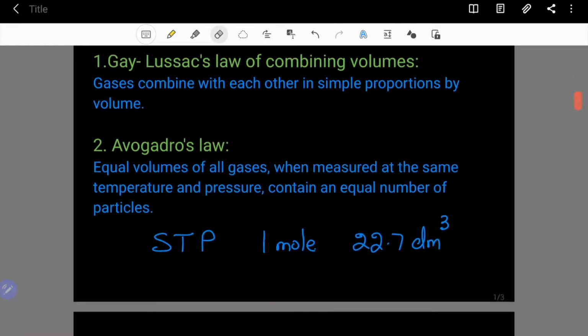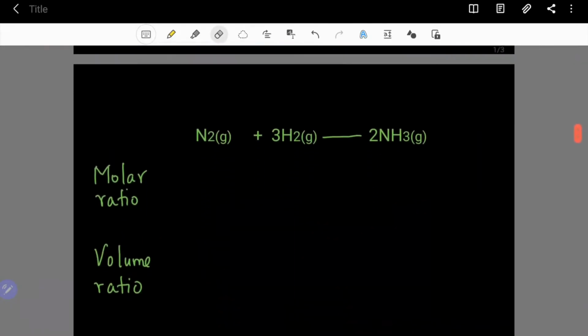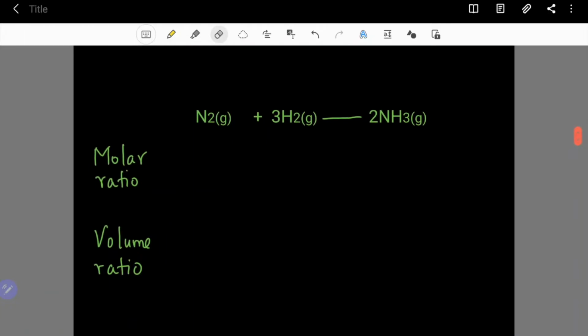Now let us see some examples where we can apply these laws. Here is a chemical reaction in which all the reactants and products are in the gaseous state, and therefore we can apply Gay-Lussac's law of combining volumes. And here you can see in molar ratio it is 1:3:2, but the volume ratio also remains the same.